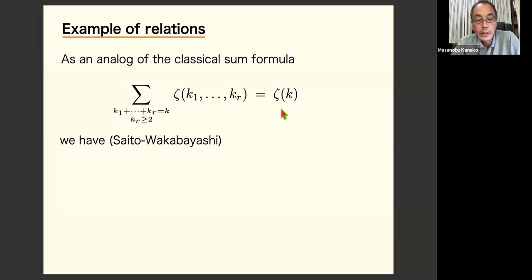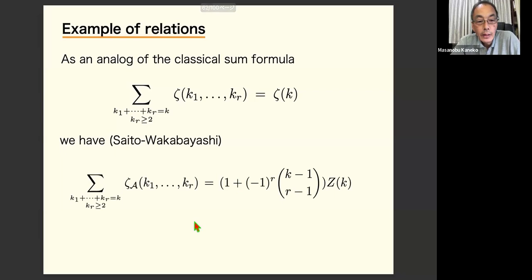And a finite MZV analog of this, due to Shingo Saito and Wakabayashi, is given by considering the same sum. This condition may look strange because we have no convergence issue, but anyway, we put the condition that k_r is bigger than 1.